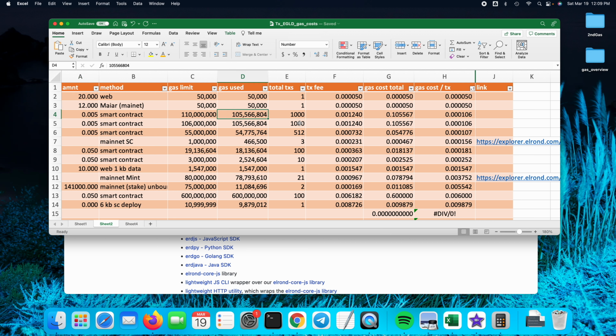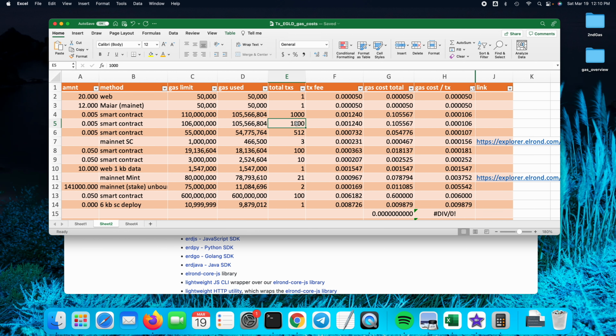So I made some other calls to the same smart contract repeat function, giving it different values, and this is what the cost was. So there seemed to be a return of value on performing a large amount of transactions at a time, because my most cost-effective transactions were performed with the largest amount of total transactions in the smart contract call. So this is the associated fee per transaction.